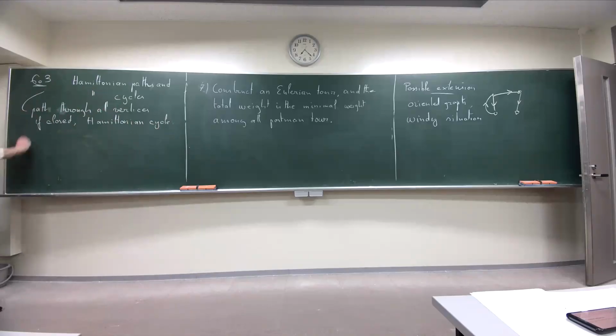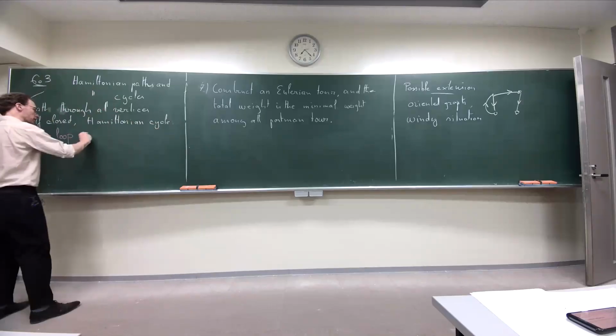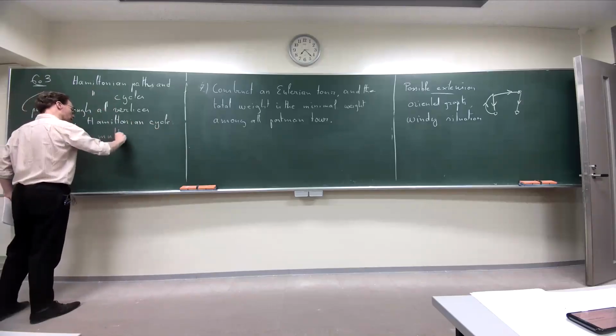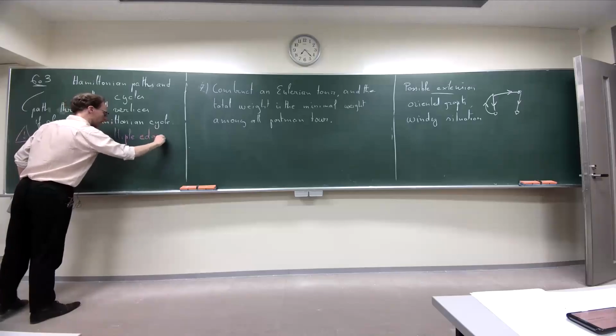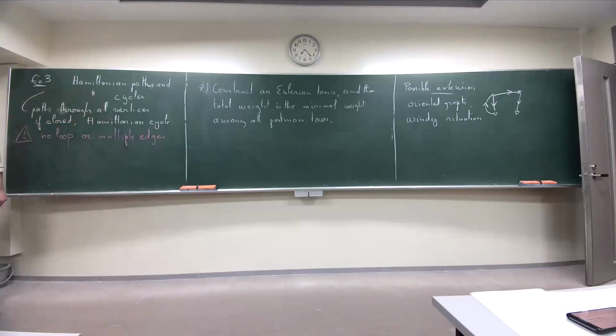And let me emphasize in this section, no loop, they don't play any role. No loop or multiple edges. And it's quite natural. You can think the loop will not help you at all. It will not play any role.